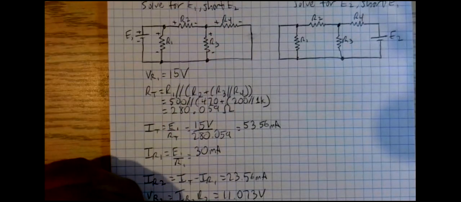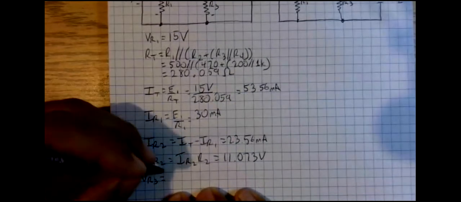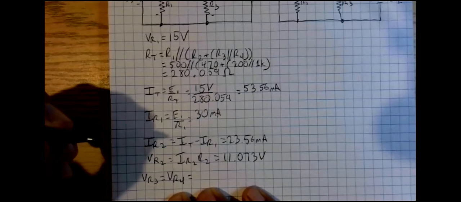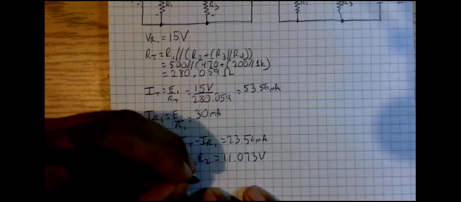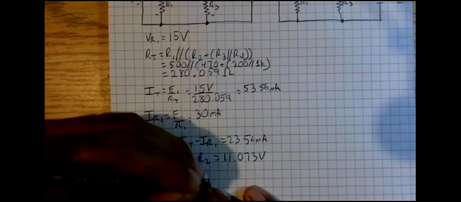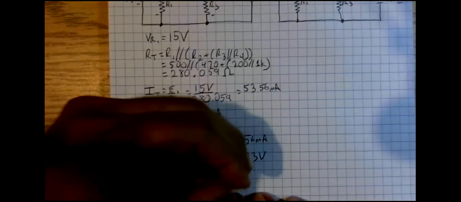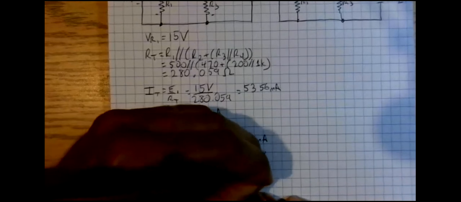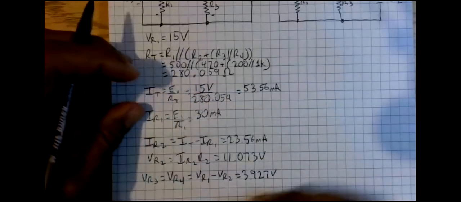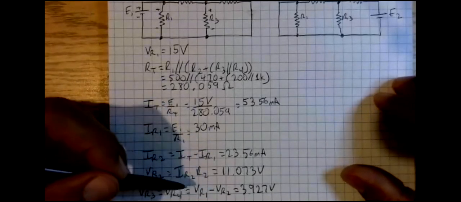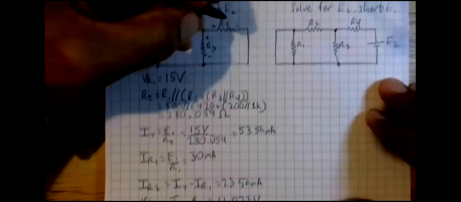So VR3 is equal to VR4, which is VR1 minus VR2, which works out to 3.927 volts. So our voltage levels here, VR3 and VR4, are 3.927 volts.